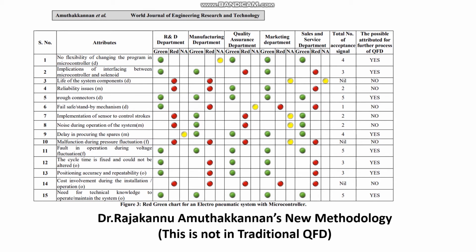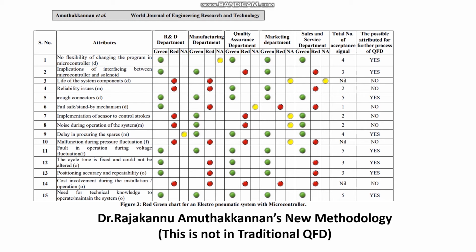This is done by me, and this is the new methodology I have implemented in quality function deployment to filter the voice of customers, because not all of the voice of customers is required in building the house of quality. If you use all of the customers, the house of quality building complexity will increase, and this is the reason the red green chart is useful to reduce the complexity in building the house of quality.